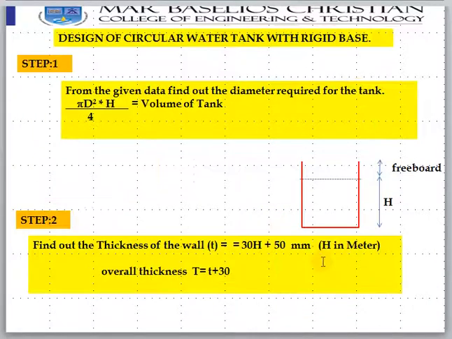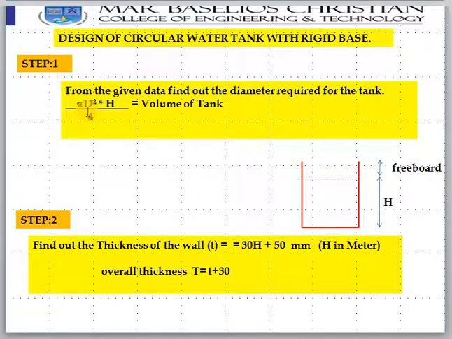For the first step, there are two possibilities. One is that they will give you only the volume, so you have to decide the height and the diameter. Otherwise, they will give you the volume and also the restriction of the height, the maximum height we can go. Then h is known, and using volume and h you can find d.